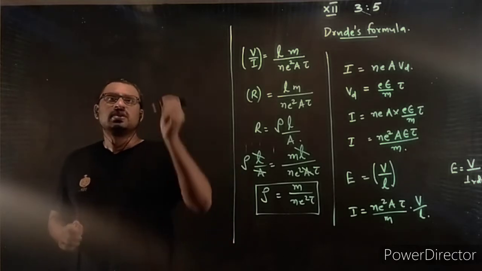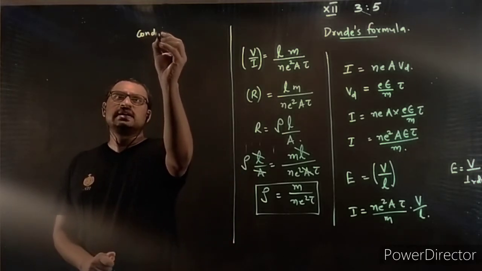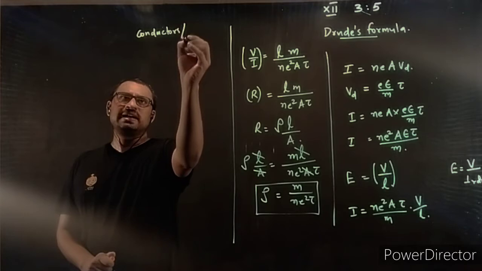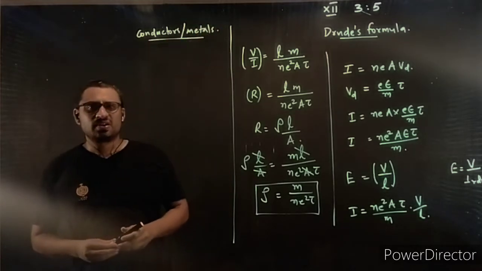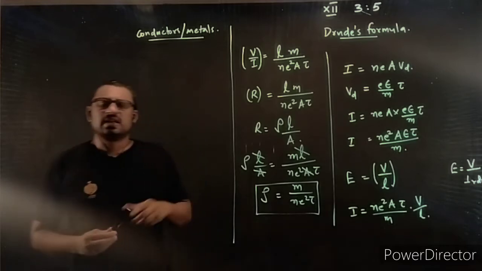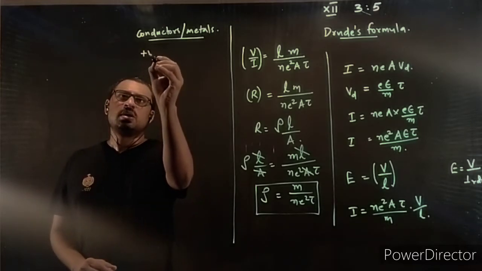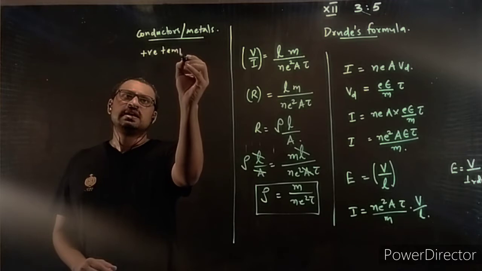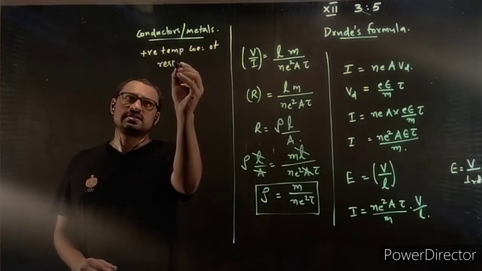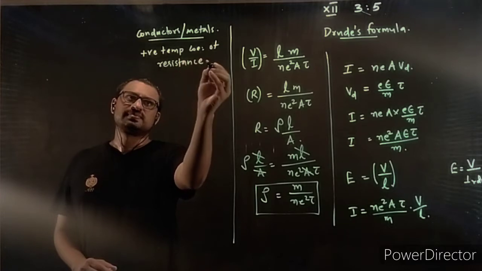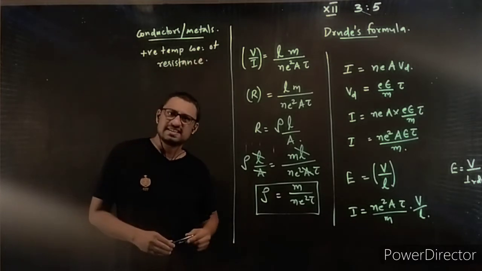Now let's see. In the case of conductors or metals, we say they have got positive temperature coefficient of resistance. What is the sentence?